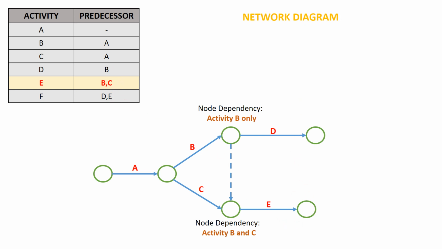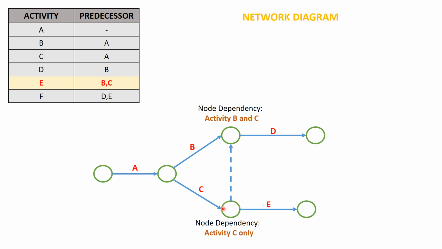Now we'll take up the second case, where the dummy activity is flowing from activity C to activity B. What is happening over here?